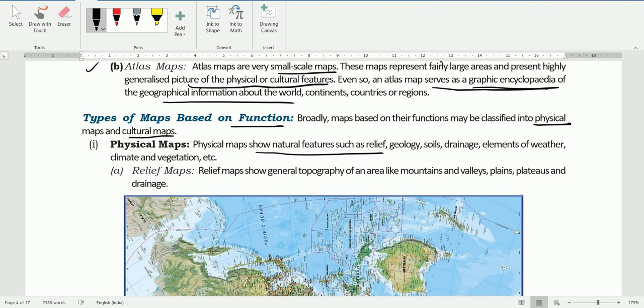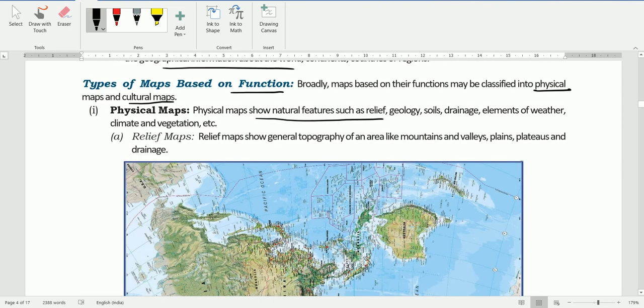That means physical maps represent natural features such as mountains, lakes, rivers, oceans, then rocks, their age, types of soils, river systems, climatic regions, rainfall conditions, etc. Now let us learn different types of physical maps.